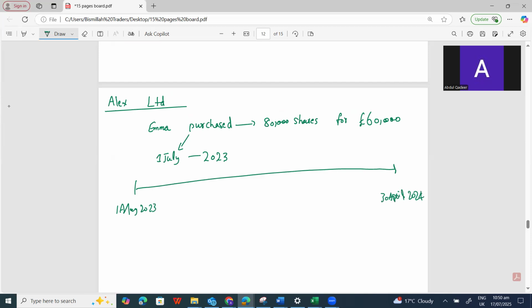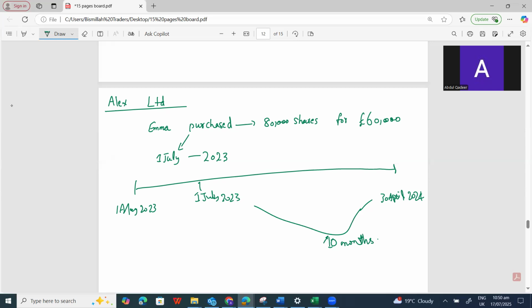So when we count 1 May, 1 June, 1 July 2023, we have purchased it 10 months before the year end. So we need an adjustment of 10 months in many of our workings. Now let's move further.